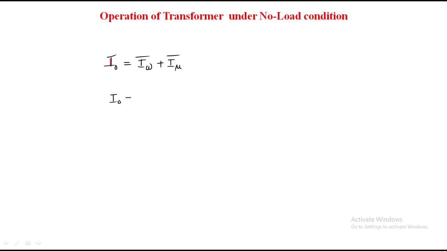That is, I naught should be equal to what? Square root of IW square plus I mu square. I mu is equal to Im; whatever it may be, in some textbooks it is represented as I mu, or in some textbooks as Im.